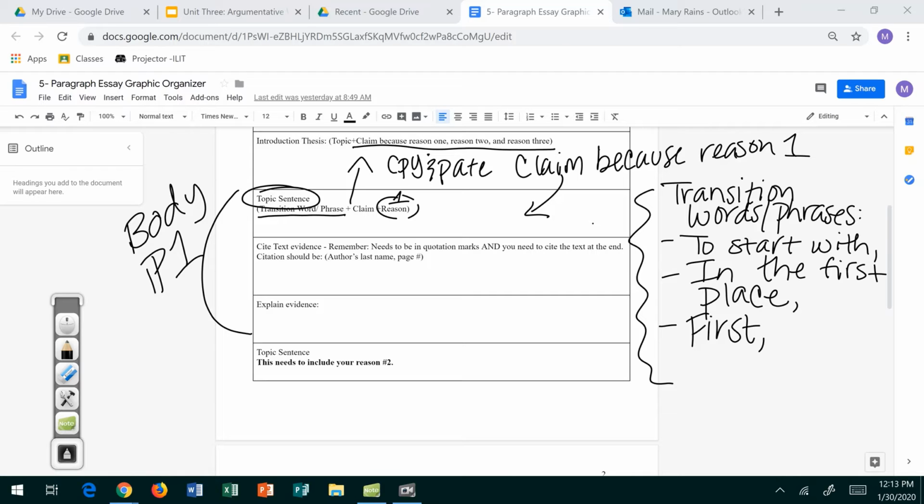Okay? The next thing that you're going to be doing is the cite text evidence, which if you've come up with your reasons, you should already have a piece of evidence tied to each reason. So all you need to do, or make sure you do, is put your piece of evidence in quotation marks, and then you need to make sure that you do an in-text citation at the end.